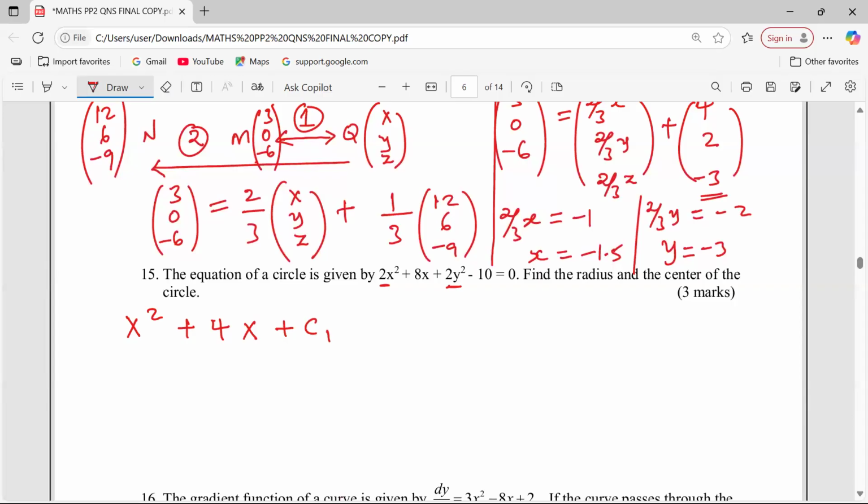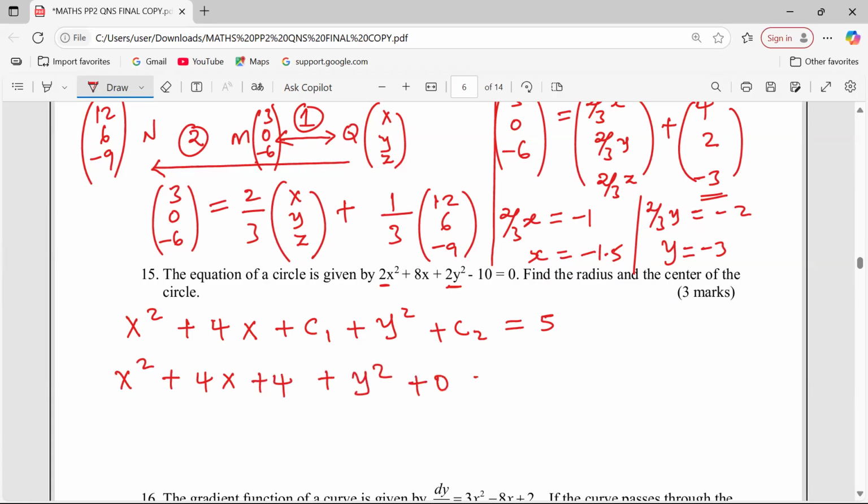Then this is y squared plus also a constant, then equals 10 becomes positive, but remember it's also being divided by 2, because we are dividing the whole function by 2. So now to complete the square on the part of x, I need 4 over 2 squared. 4 over 2 squared is still 4. x squared plus 4x plus 4 that way, plus y squared.